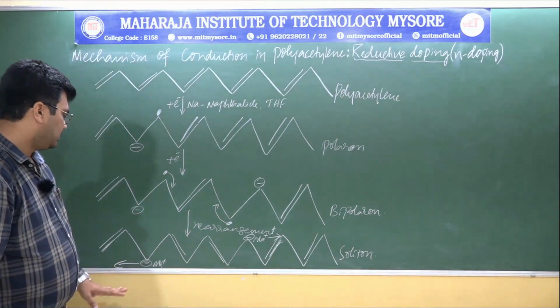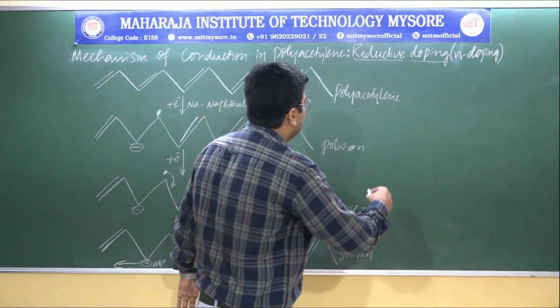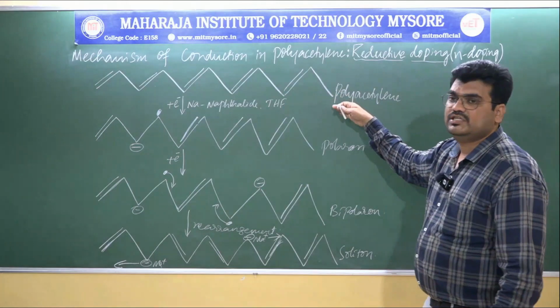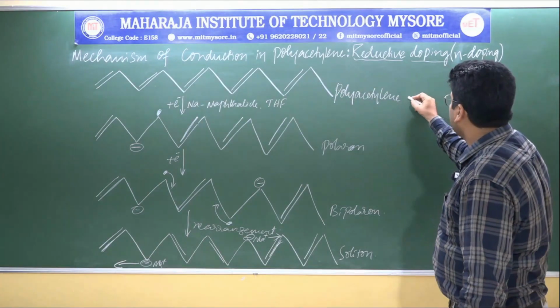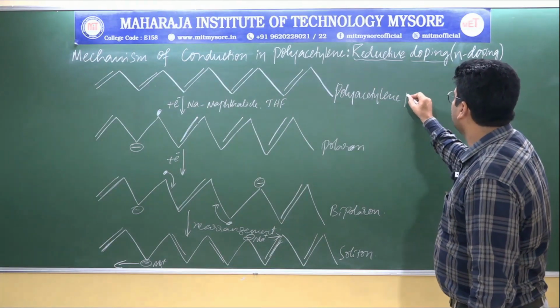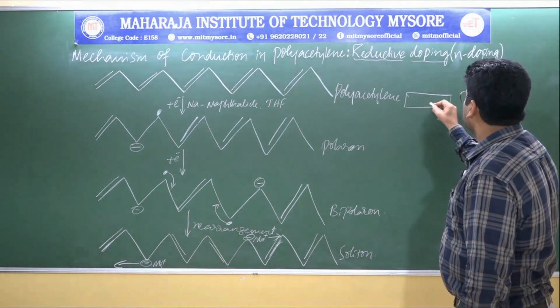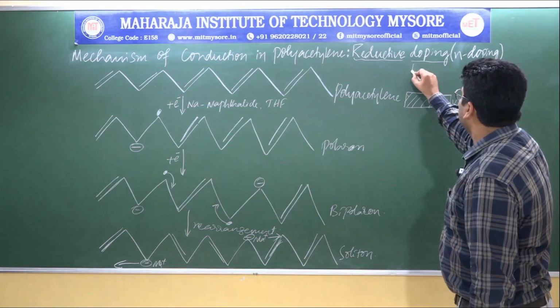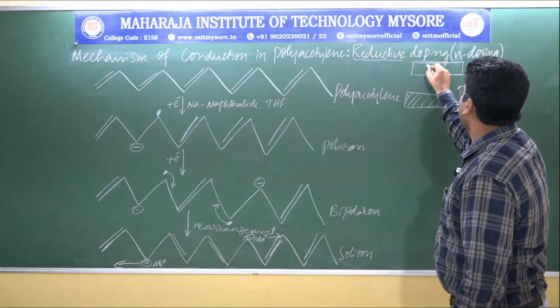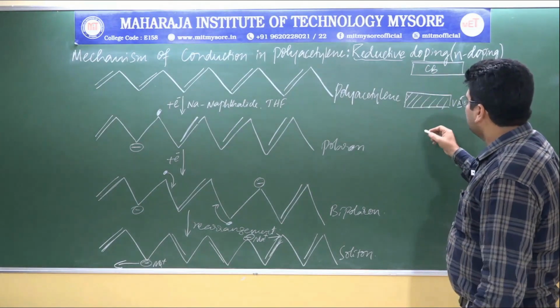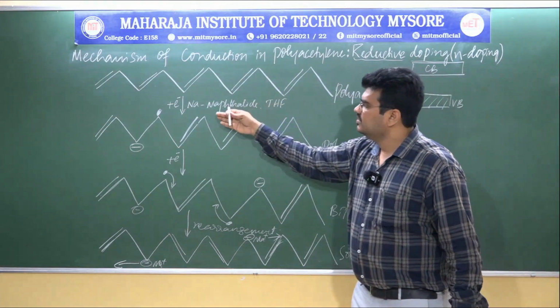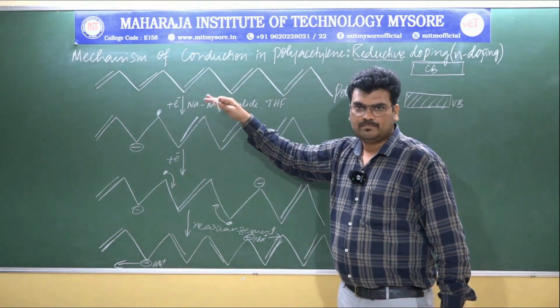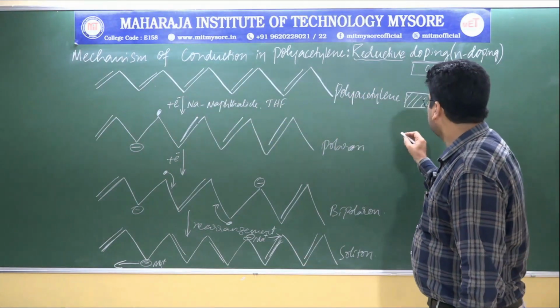and thereby they will start to conduct electricity, right? So if you write the energy level bands for this, similar to the previous explanation, this is the valence band and this is the conduction band, right? So after doing the reduction with a reducing agent, what happens?